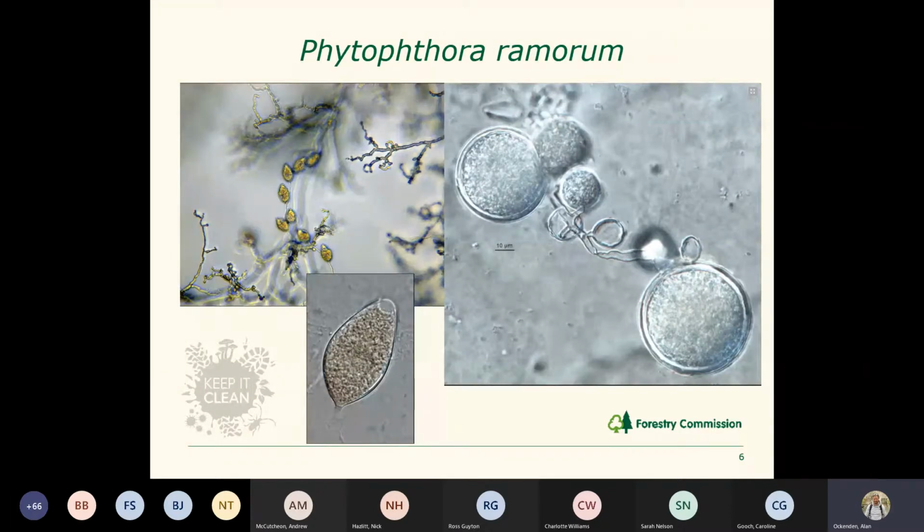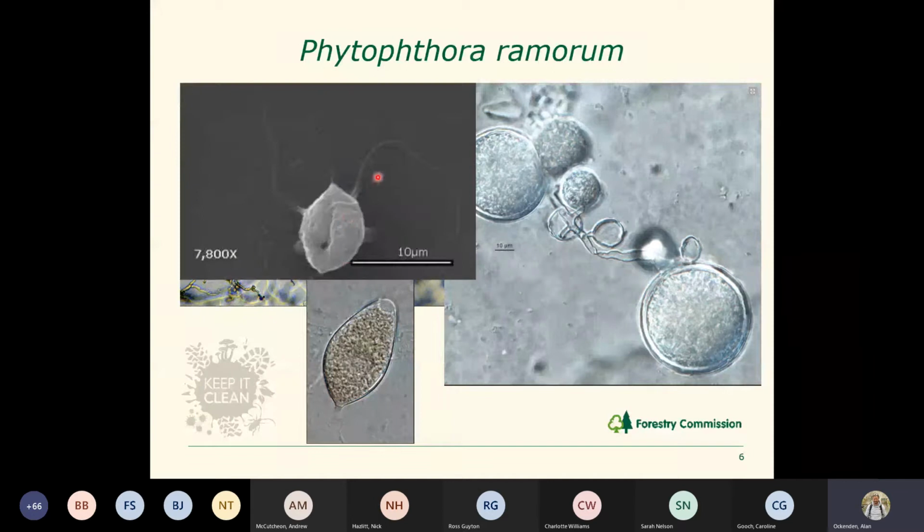Bringing it back to ramorum and larch, we'll look at some of the structures that we find within ramorum. They produce 2 methods of reproducing. It's asexual reproduction with ramorum, homothallic. They produce sporangia, and within those are zoospores, tiny, highly motile things that have flagella, tails, that you can see on this slide. So they're able to move themselves around, on a relative scale, quite large distances.